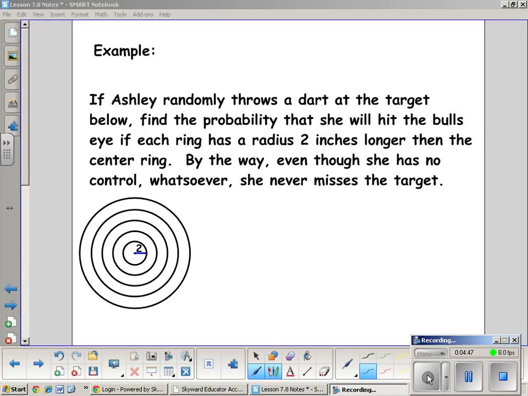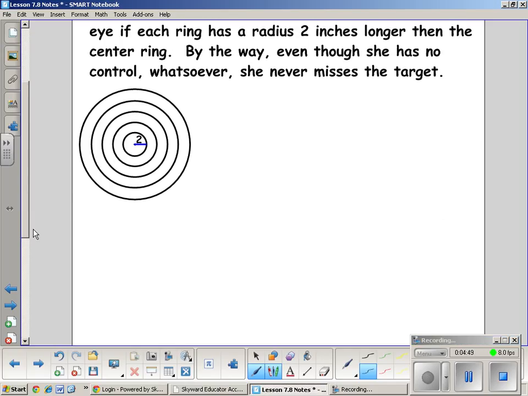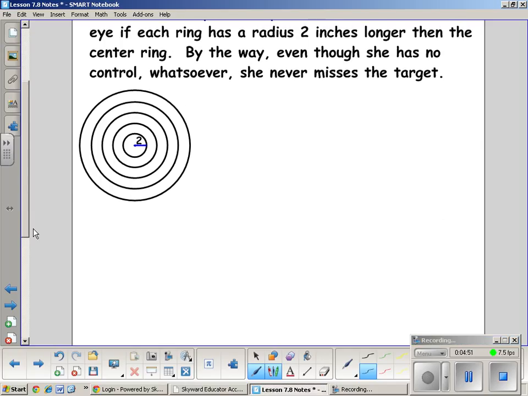Okay? So the question is, how do I find the probability that she hits the bullseye? Well, the area of the center circle is pi times 2 squared, because that little blue segment is 2 units long.